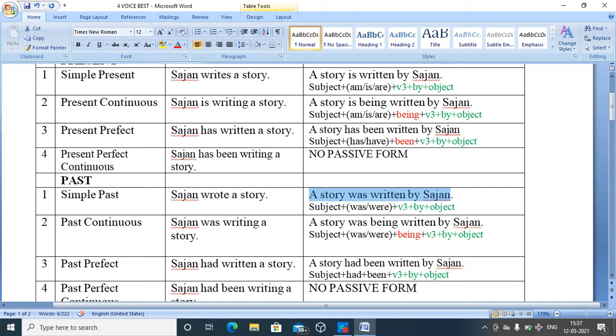In active voice, you can easily identify: Sajan wrote a story, an action that happened at a definite point of time in the past. But when it is was writing with any subject, the subject was performing the action in the past in a continuing manner. The action is of a continuous nature.